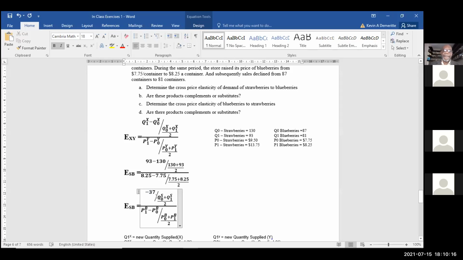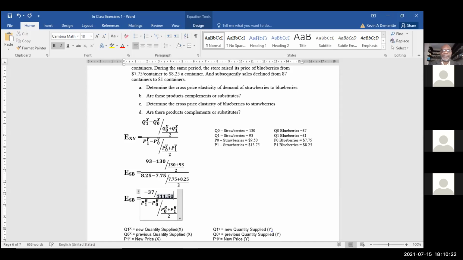That's 223 divided by 2, which is 111.50.